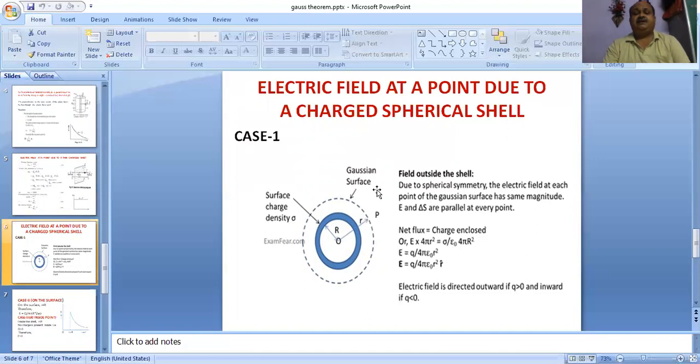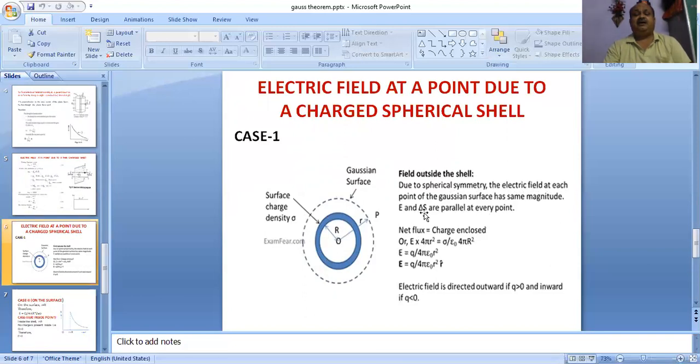We draw an imaginary spherical surface, a Gaussian surface, passing through P. And the total charge enclosed by this Gaussian surface is the same as the charge on the spherical shell. So due to spherical symmetry, the electric field at each point of the Gaussian surface has the same magnitude.